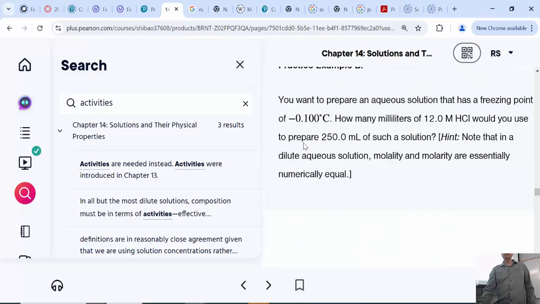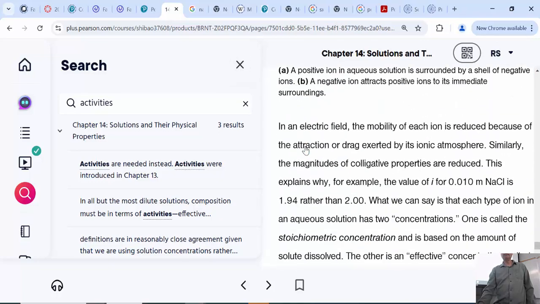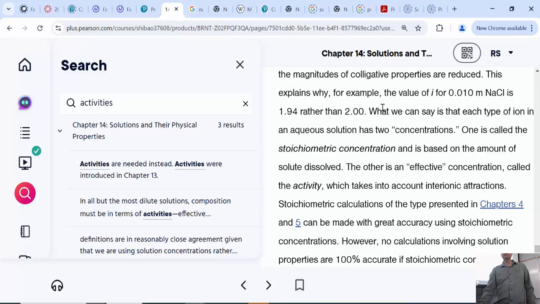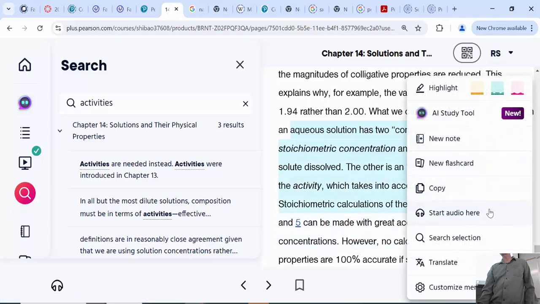So the quote I had didn't come up in the search. The quote I had is, aqueous solutions have two concentrations. One is called the stoichiometric concentration, which is based on the amount of solute, and the other is the effective concentration called the activity. So if you want to read about this, this is the section to focus on. So that's in chapter 14.